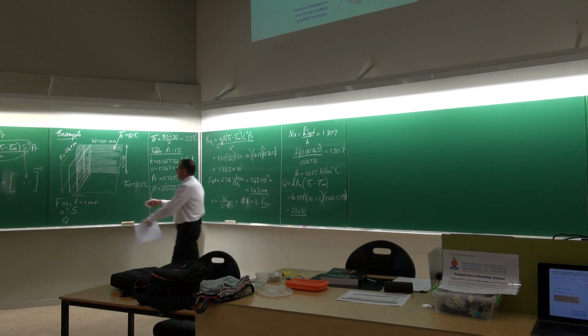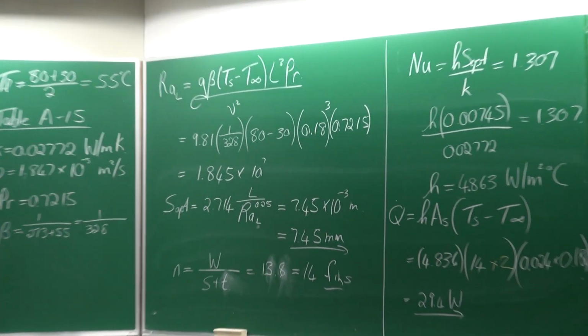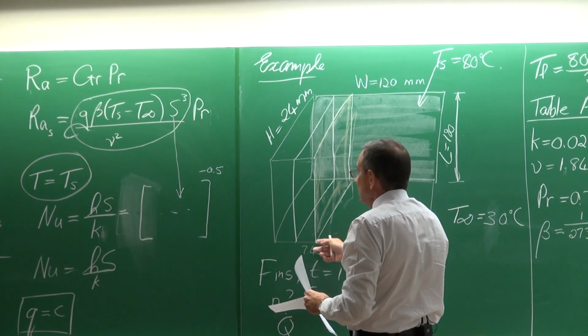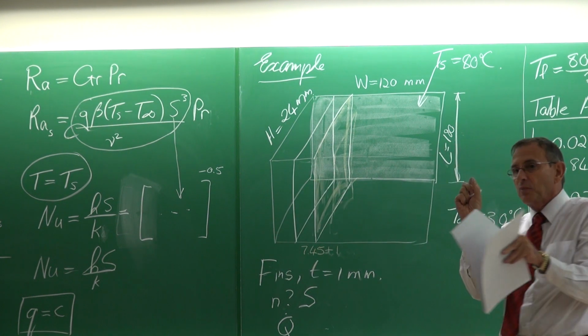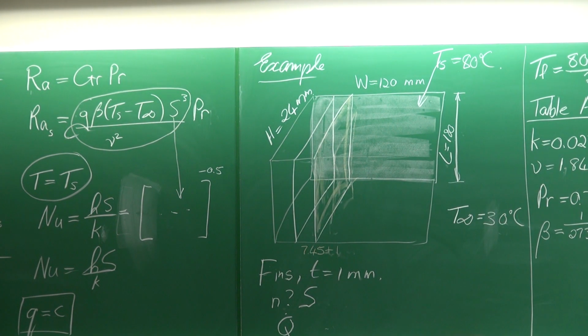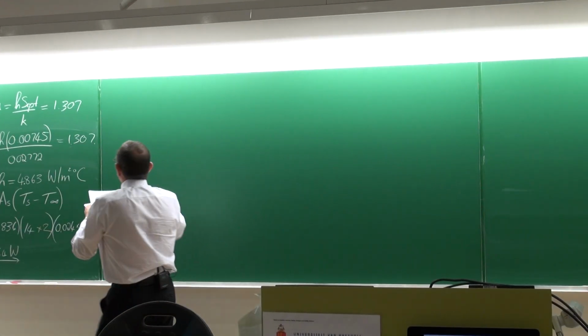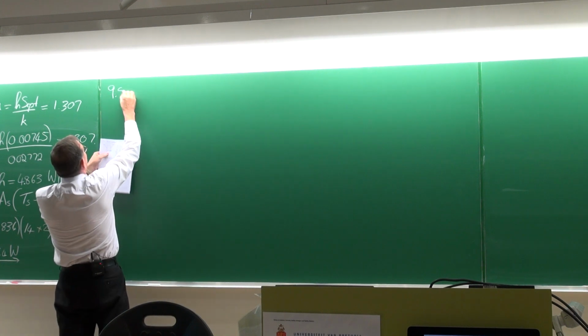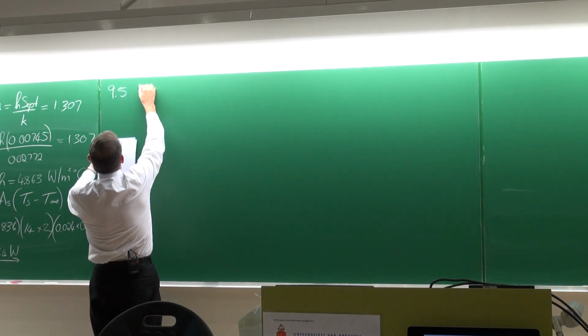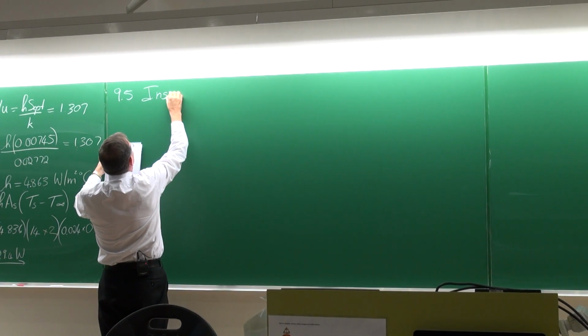So the number of fins would be determined by this length and the number that we can get in. So with each one of them, it's the spacing plus the thickness of the fin itself of 1 millimeter. Great, okay, thanks. Right, the next part of the work in chapter 9 is on inside enclosures.